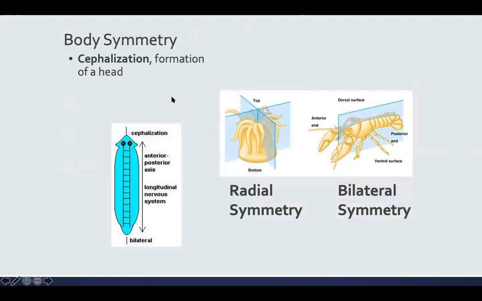Body symmetry. We'll first talk about the idea of cephalization, which means they will all have the ability to form a head. The prefix cephal has to do with the head. With cephalization, they will form the head in development. Radial symmetry: from the top, you can see to the bottom, they have symmetry along all sides.